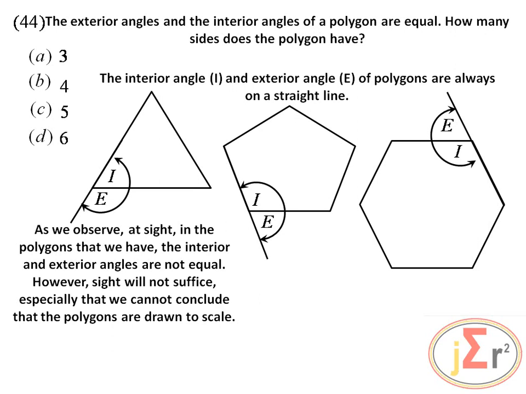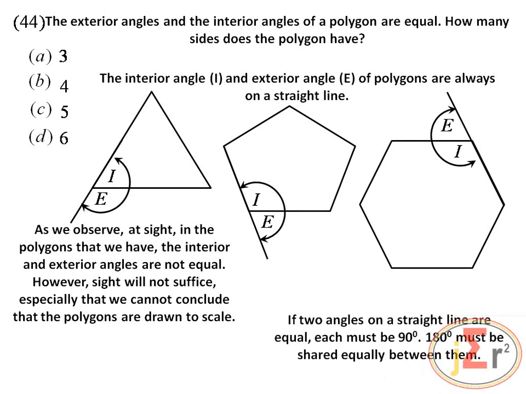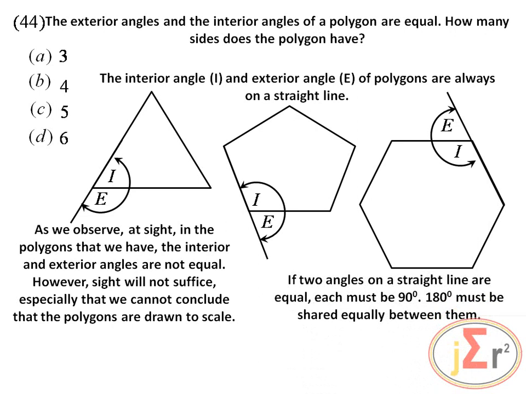But we could use our knowledge of mathematics. If two angles on a straight line are equal, each must be 90 degrees. 180 degrees must be shared equally between them.